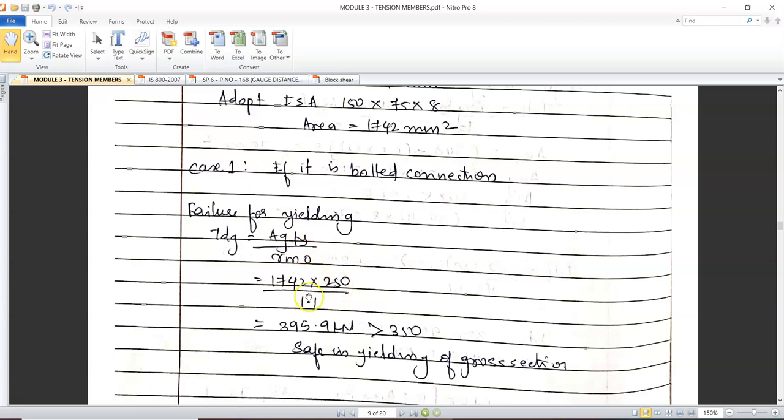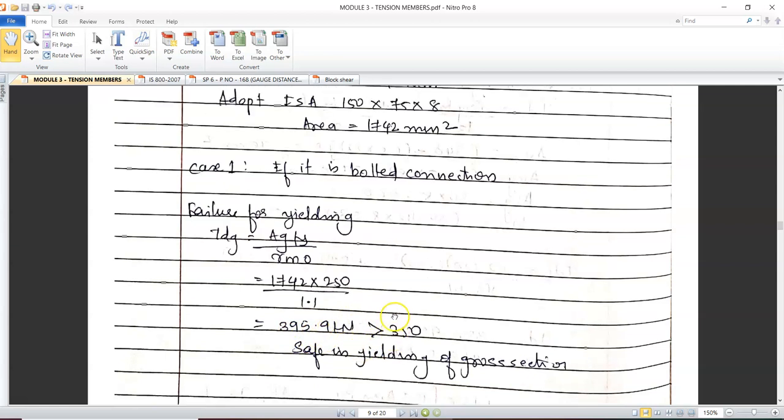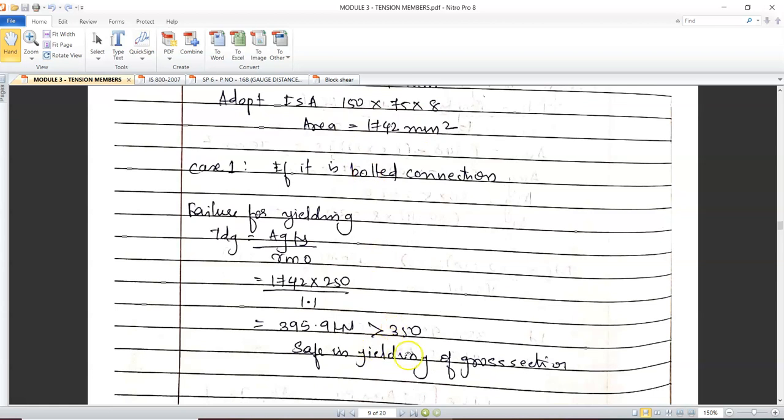Fy is 250 divided by gamma m naught, 1.1. When you solve this, you get the yielding of gross section as 395.9 kilonewton, which is greater than the factored tensile load on the angle, 350 kilonewton. Therefore, the provided angle is safe in yielding of gross section.